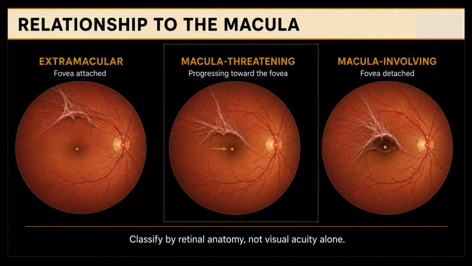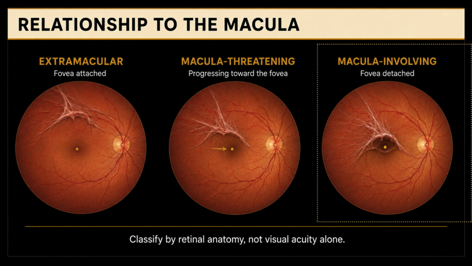There is no universal numerical distance that defines whether a TRD becomes macula-threatening. The assessment here depends on the configuration, the direction of progression, and comparison with previous examinations or imaging. In a macula-involving TRD, the foveal neurosensory retina is detached from the RPE.